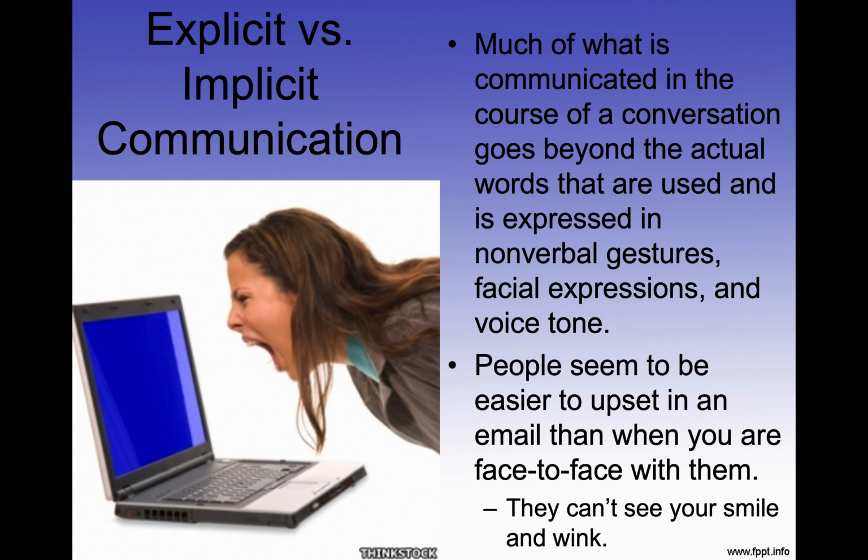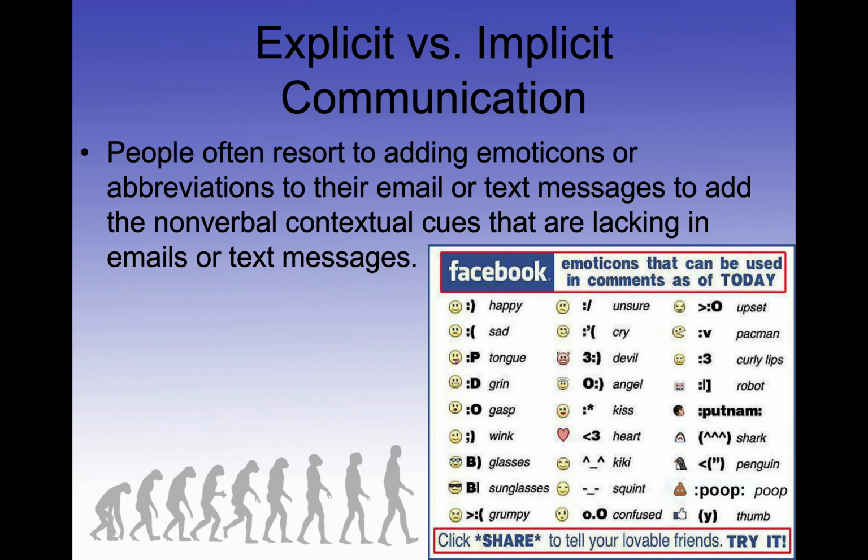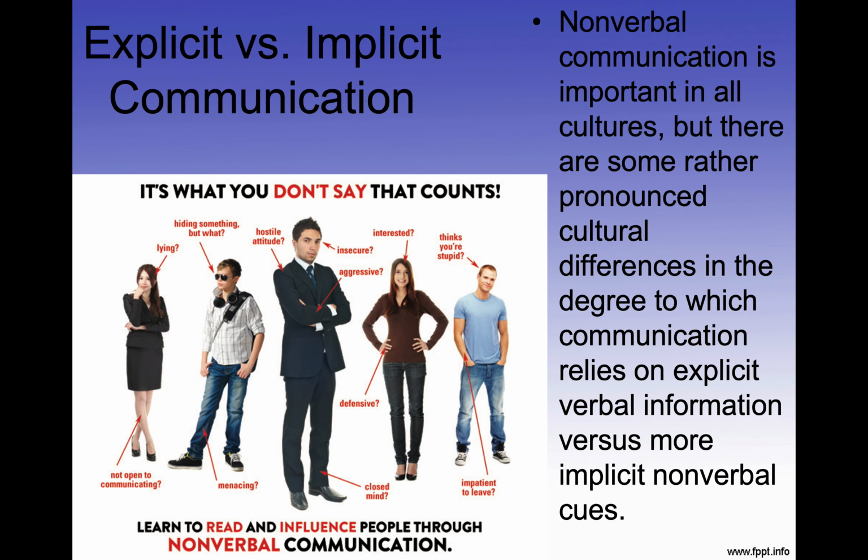So they can't see your facial expressions, and because of that, people misinterpret emails a lot more frequently than they misinterpret a face-to-face communication. People often resort to adding emoticons or abbreviations to their email or text messages to add the nonverbal contextual cues that are lacking in emails and text messages. And of course, there's lots of emoticons.